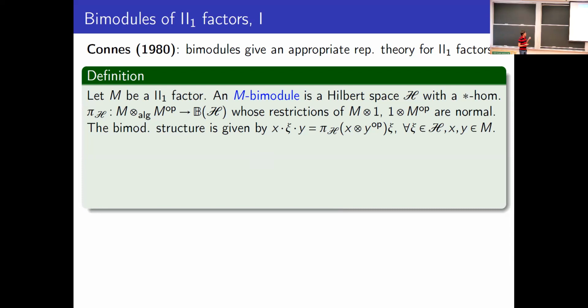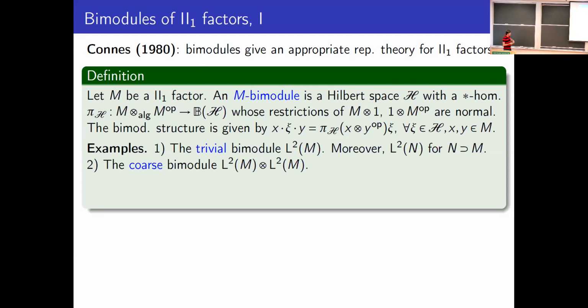And I'm assuming that the restriction of the star homomorphism to both M and its opposite are normal. And then the bimodule structure is simply given by applying this star homomorphism to a tensor and then applying it to your favorite vector.